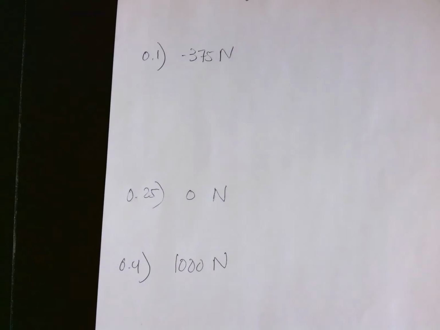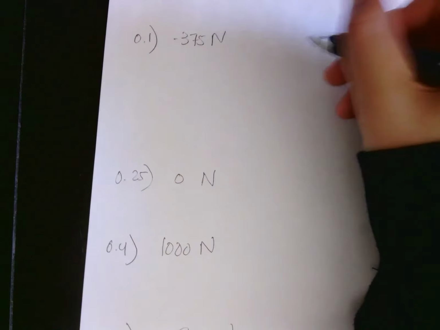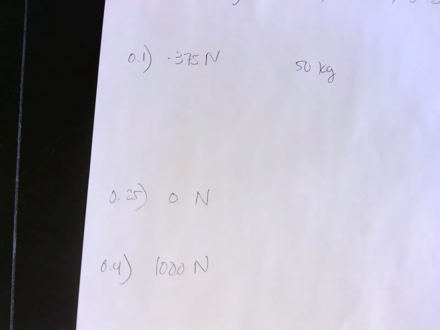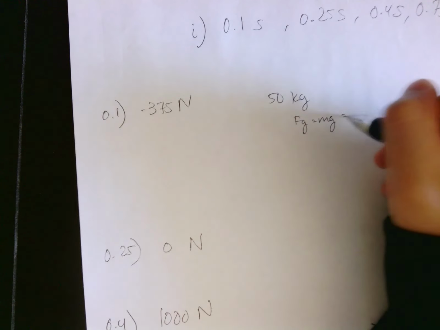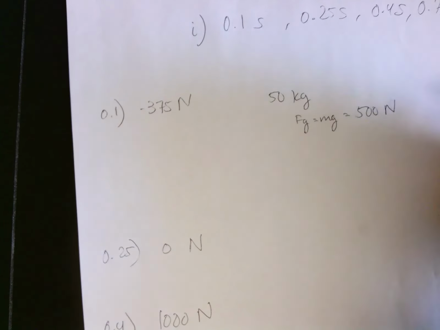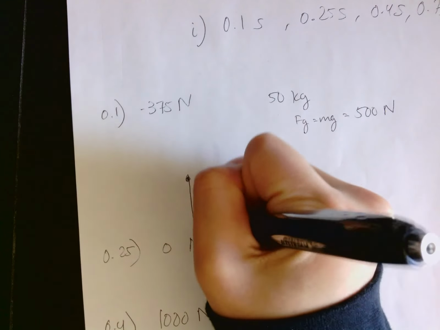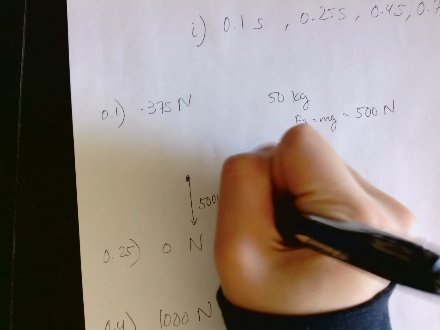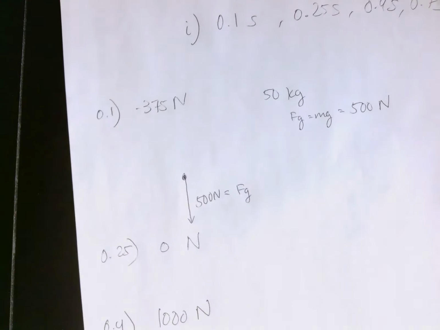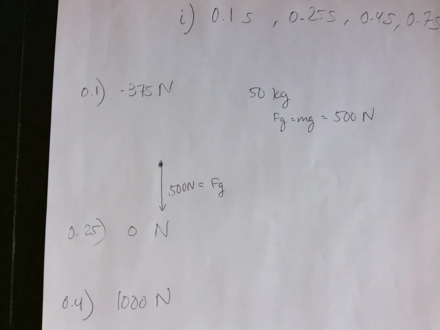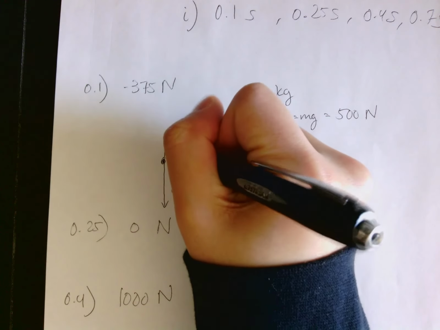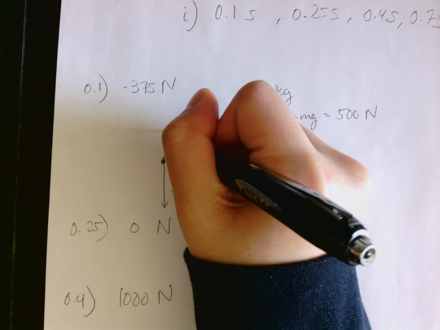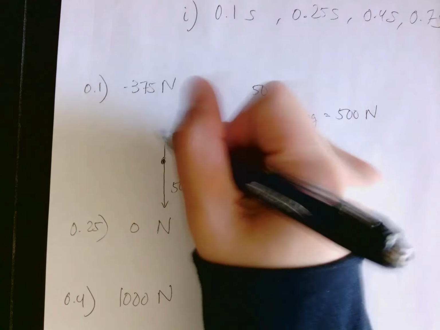So we know that she is 50 kilograms, and we know that force of gravity is going to equal mg. So we know that it's going to be 500 newtons. And since her net force is going to be negative 375, we know her normal force is going to be 375 less than her force of gravity.